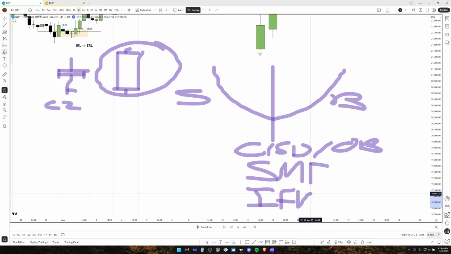If we start disrespecting the fair value gaps of the sell side order flow and creating inversions, it's giving you the indication that we're now flipping the narrative. Where we once were selling, now all of a sudden we're switching direction and going to the buys.